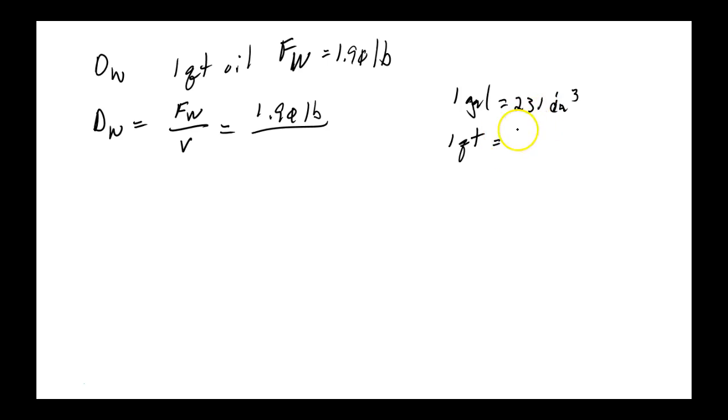So we divide that by 4: 231 cubic inches divided by 4. And we'll just leave it like that. So that's going to be cubic inches. Now, the question is, do we want to get that to cubic feet now, or do we want to wait until after we've done our math? And I really don't care. Either way, we've got the same thing to do.